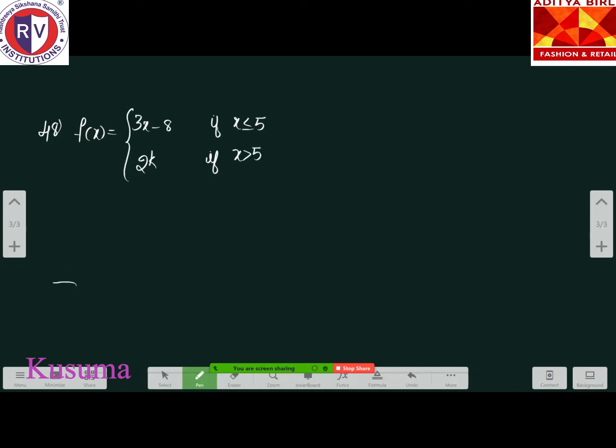This is the definition of the function, and it is said that it is continuous. You have to find k. The options are A) 3 by 7, option B) 7 by 2, option C) 2 by 7, and option D) 4 by 7.